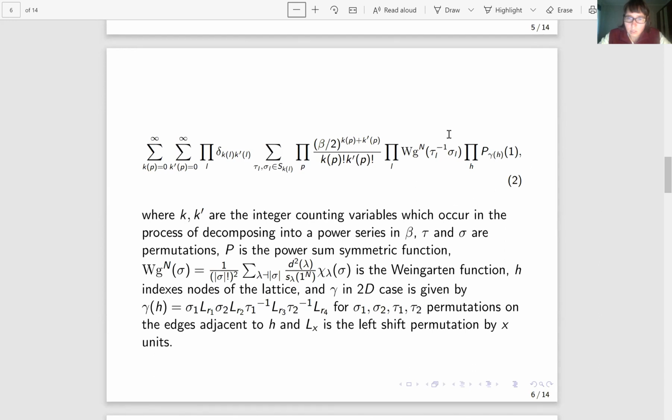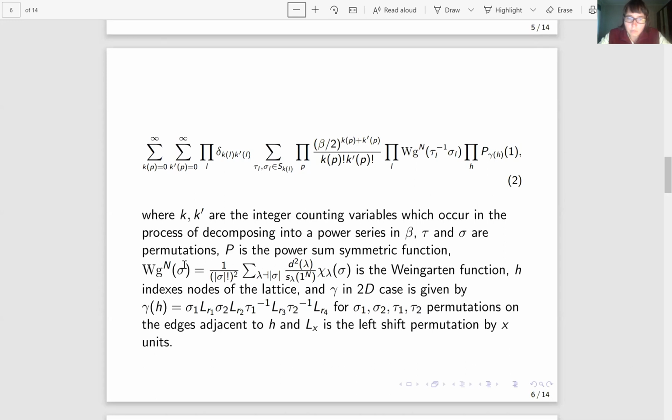There is something called the Weingarten function. This technique is called Weingarten integration, and it produces these things called Weingarten functions. This Weingarten function is something very nice and interesting. It's for a symmetric group, basically. That's where combinatorics enters, in the form of the symmetric group.